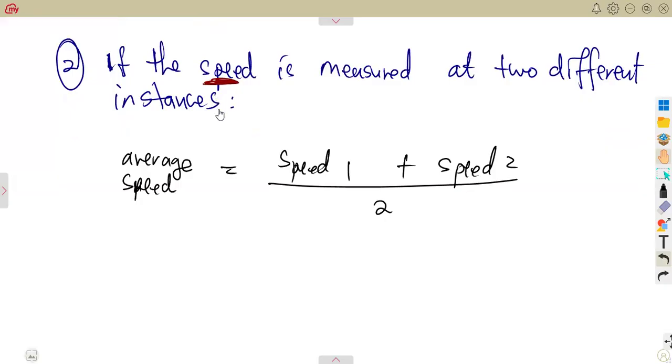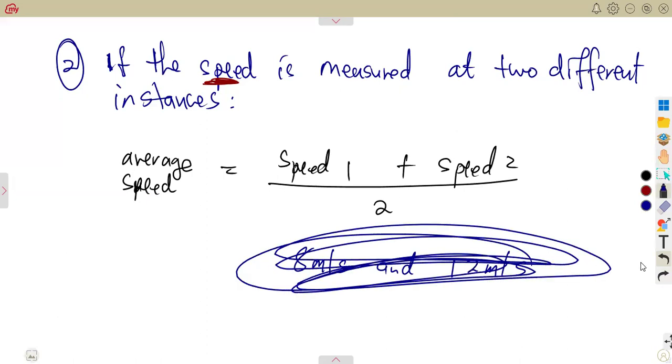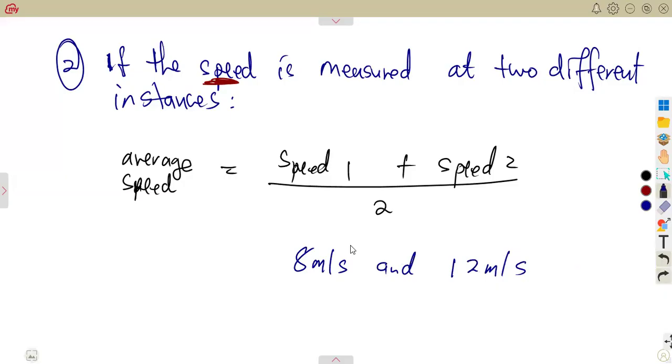The speed of a body after 3 seconds is 18 meters. And after this, you are given two different speeds, maybe 8 meters per second, and another speed of 12 meters per second. They are taken between two different times.